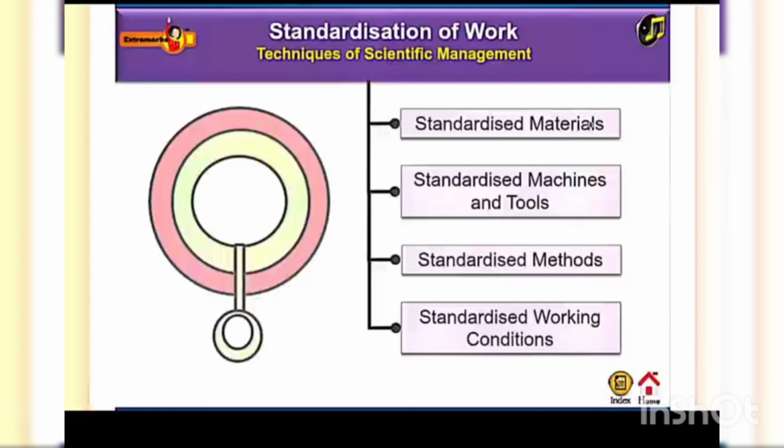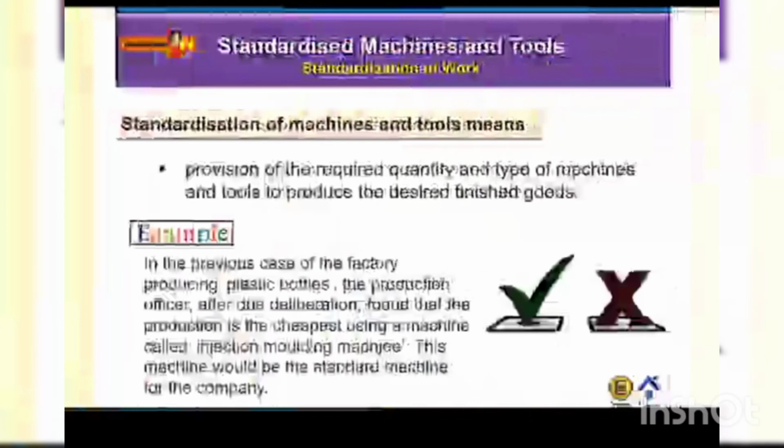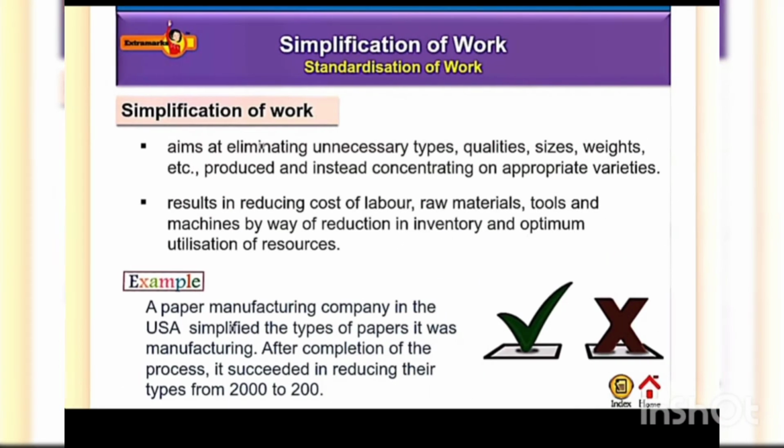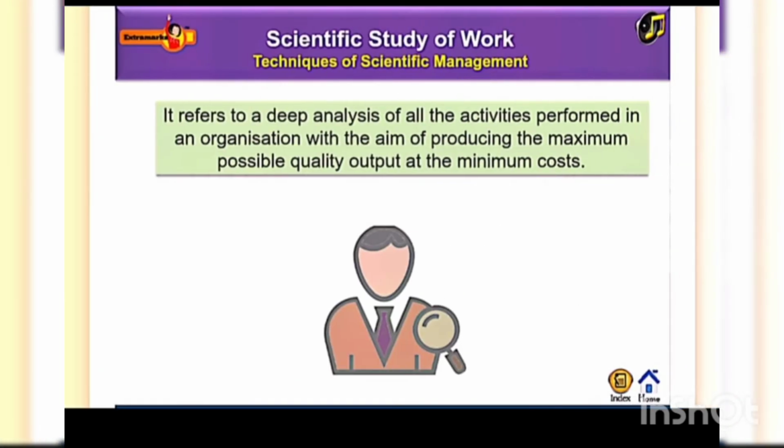Whereas simplification aims at eliminating unnecessary diversity of products. It ensures saving of cost of labor, machines and tools. It implies reduced inventories, full utilization of equipment and increasing turnover. So this was all in standardization and simplification.